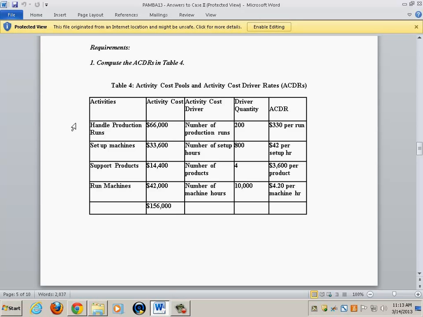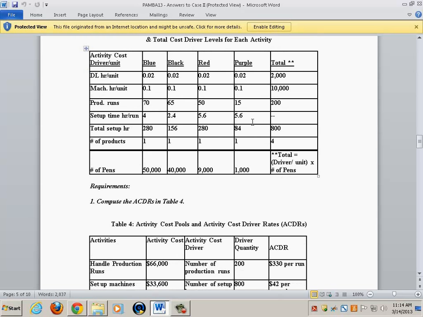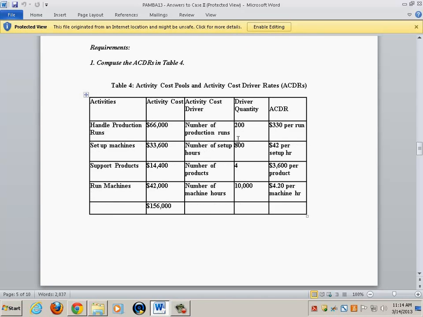You quantity, the driver quantity column, the cost drivers, and those levels come from.